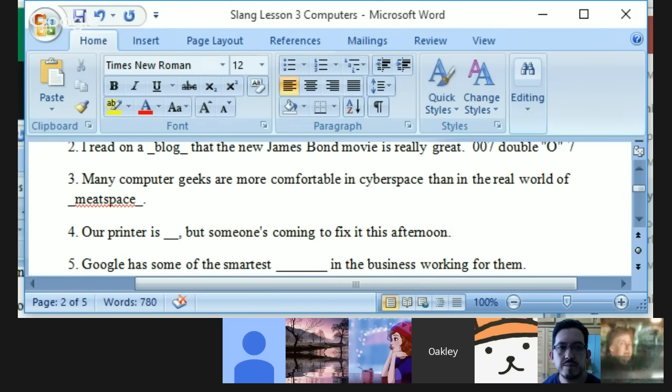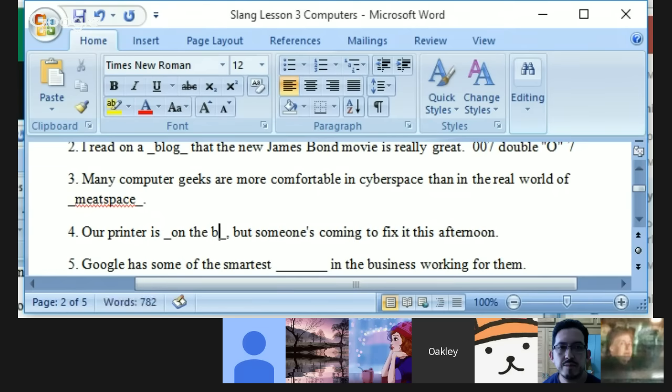Our printer is, but someone's coming to fix it this afternoon. Is what? Is glitch? No, on the blink. There you go.